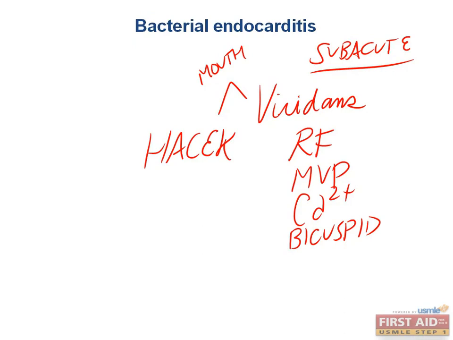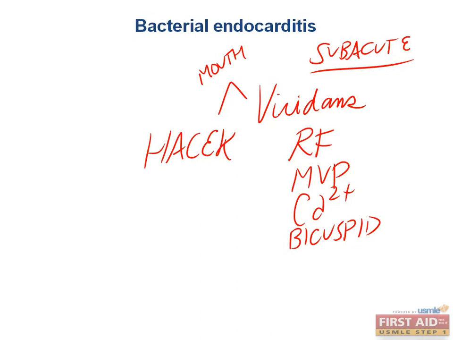This is why anyone with a prosthetic heart valve used to get prophylactic antibiotics at the dentist. Recent studies have shown that it may not be beneficial. It's controversial. Who knows? That won't be your question. Your question will be, which organism is with subacute, which is Viridans streptococci, which is with acute, classically Staphylococcus aureus.